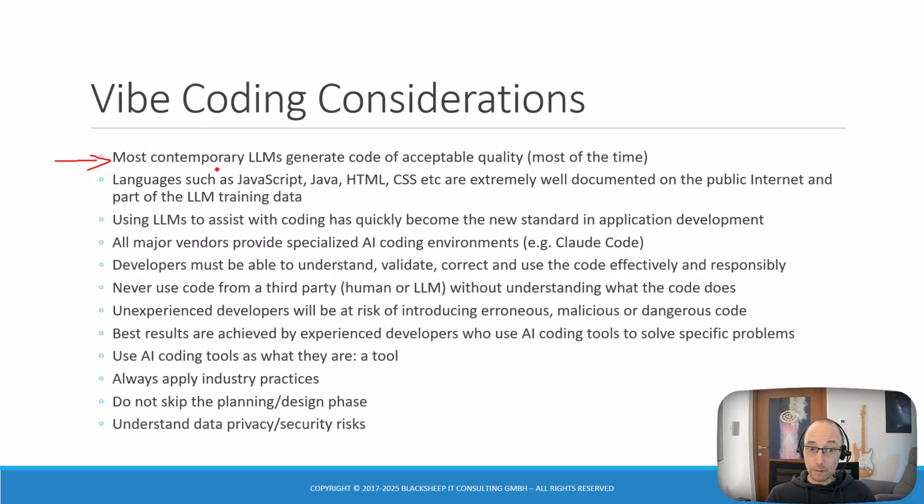JavaScript as the lingua franca of the internet, or Java or HTML or CSS, are extremely well documented on the web, and that is part of any modern LLM's training data. So if you work with these languages, you will have a very good time. For example, if you try Siebel eScript, which is not so extremely well documented, you will see that it struggles because there's not enough substance in the training corpus.